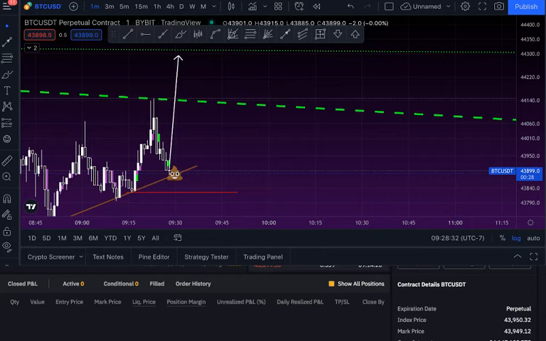Page unresponsive. Still down 2%. One percent, 2%, 1%. Oh, it's moving a little bit against us.